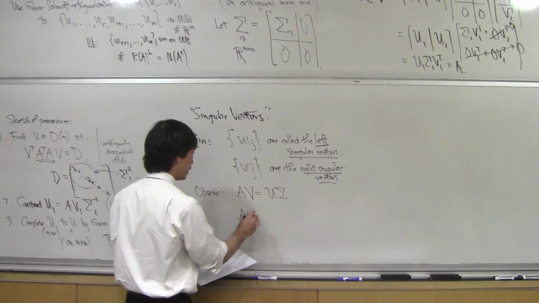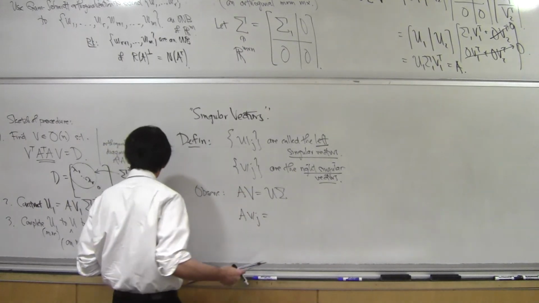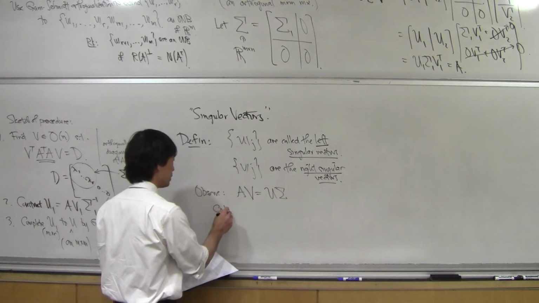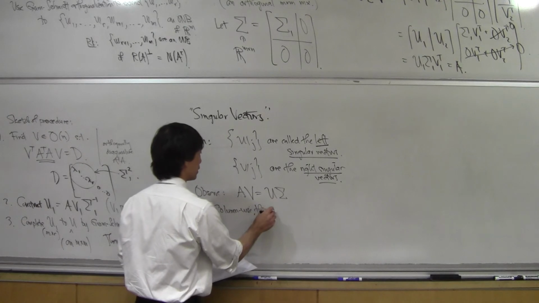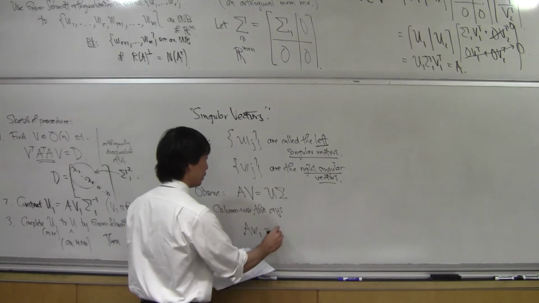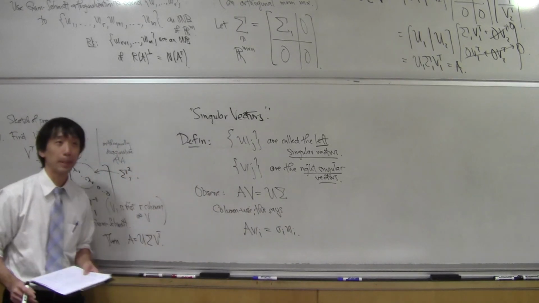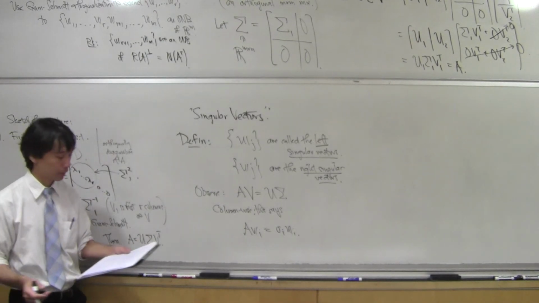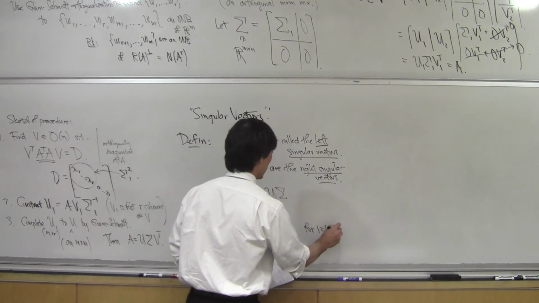If we look at the columns, column-wise, this says that A Vi equals sigma i Ui for i equals 1 to n.